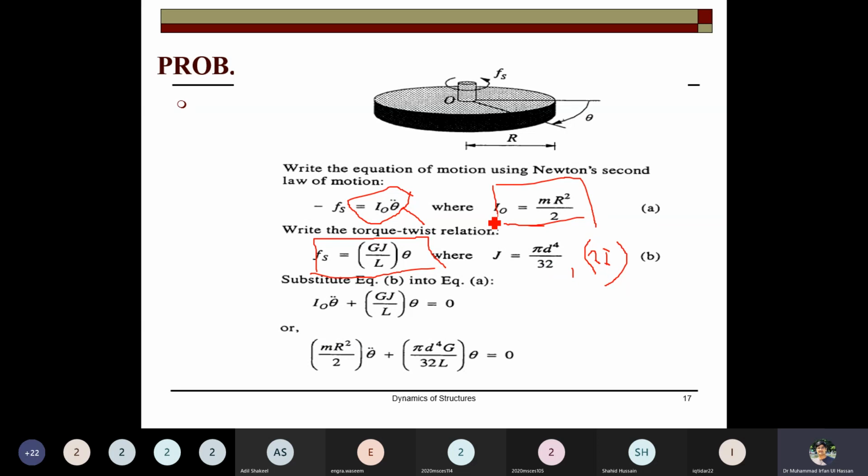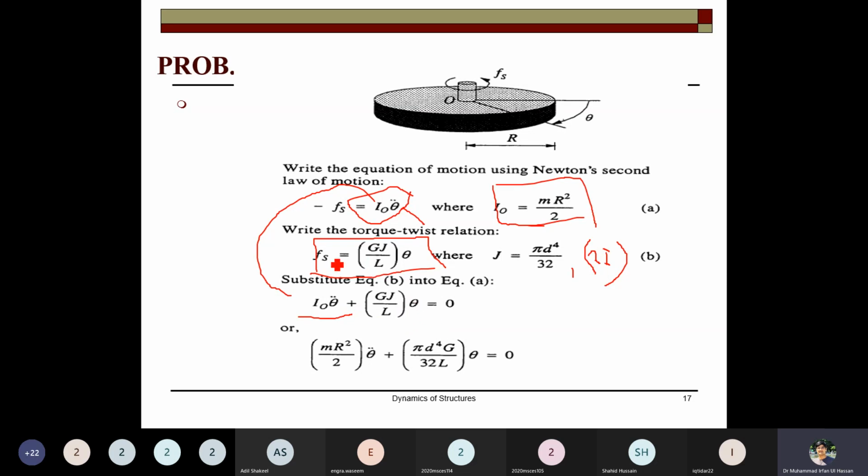Now the equation of motion for the rotating disk will be I naught into theta double dot, plus the spring force, GJ over L into theta, because Fs is equal to GJ over L into theta. You can sum the values, and the term with theta gives the stiffness.